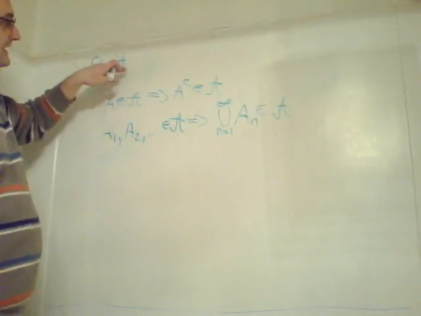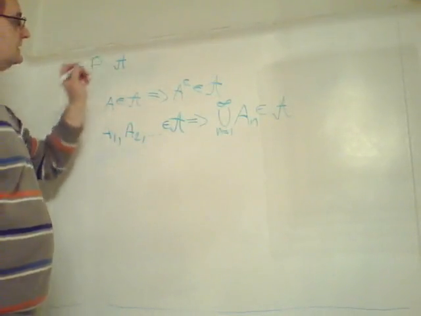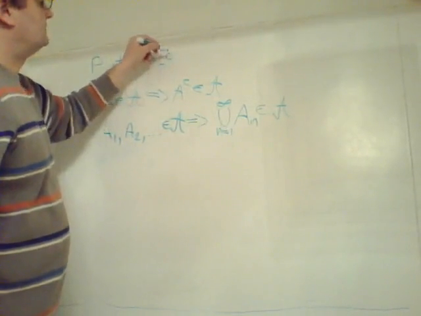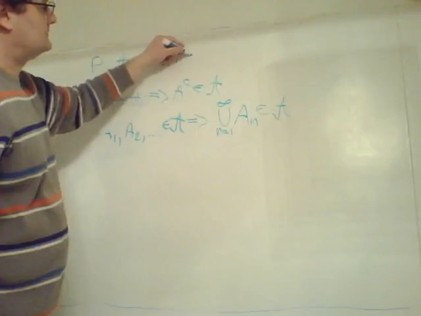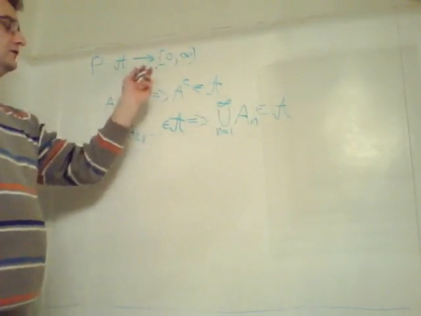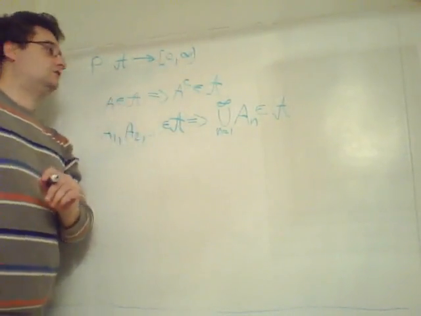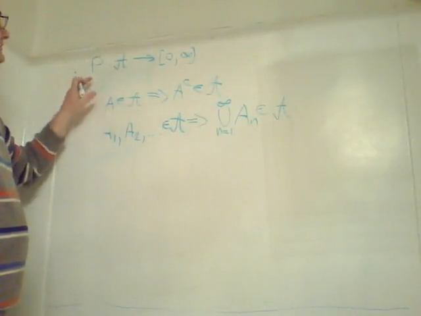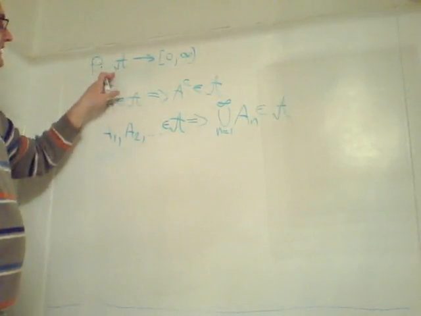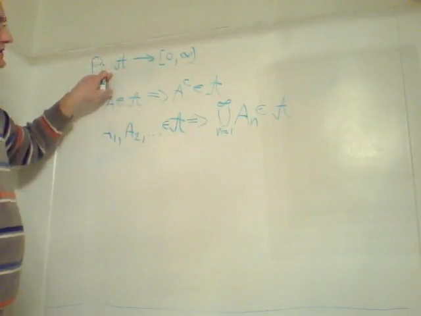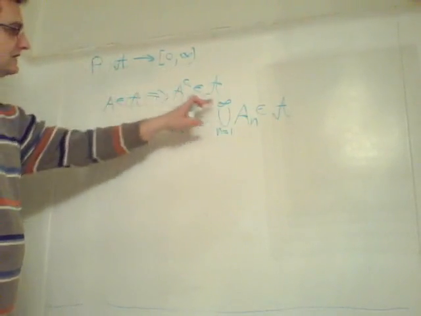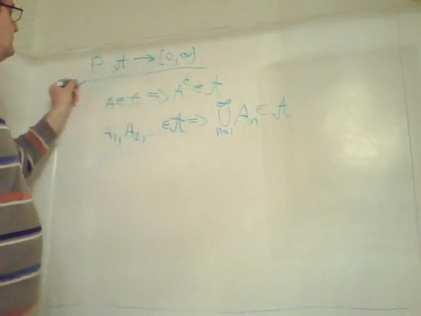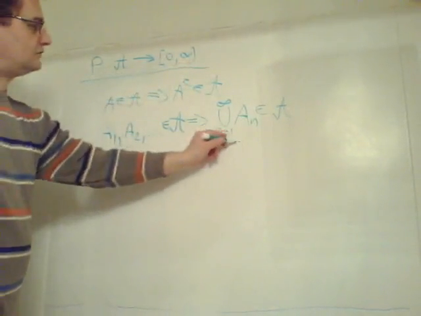Probability is a set function defined on this A, so it's a collection of subsets of omega that map these to, let me say, 0 to infinity, or although we can just say interval 0, 1. So it's a real valued non-negative set function defined on some collection of subsets of omega that satisfy this property. Okay, and what are the requirements for P?